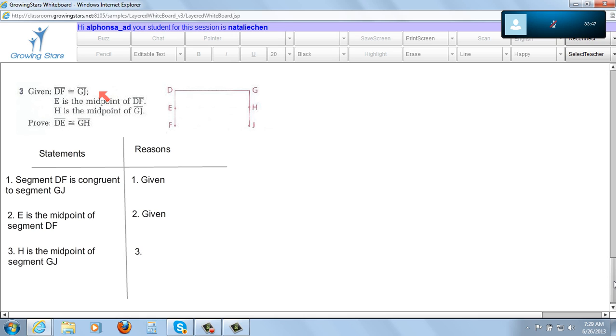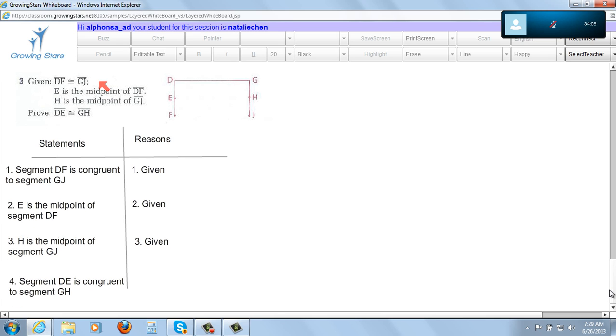Very good. So here, alternate interior angle theorem. So which property are you using here? It should be division. Okay.